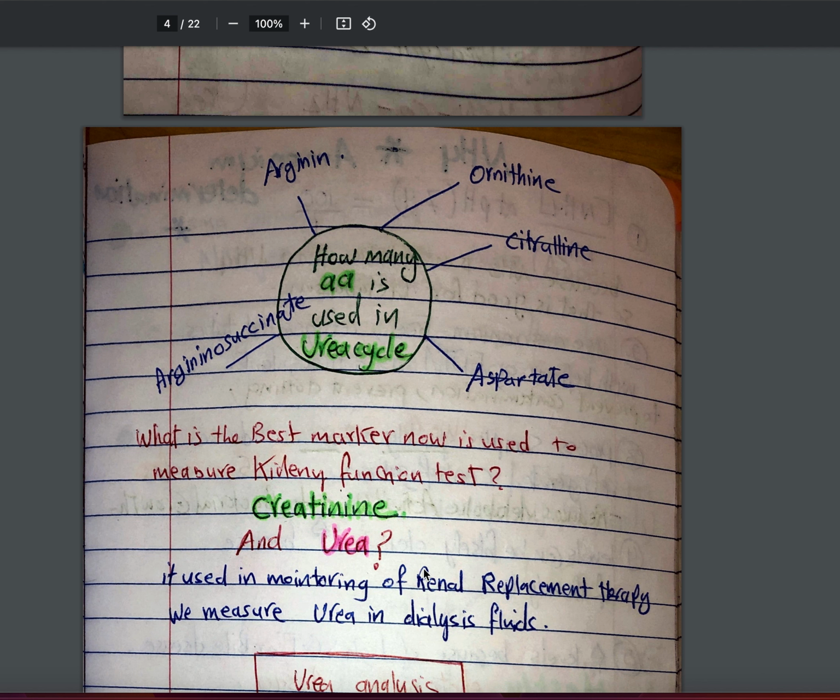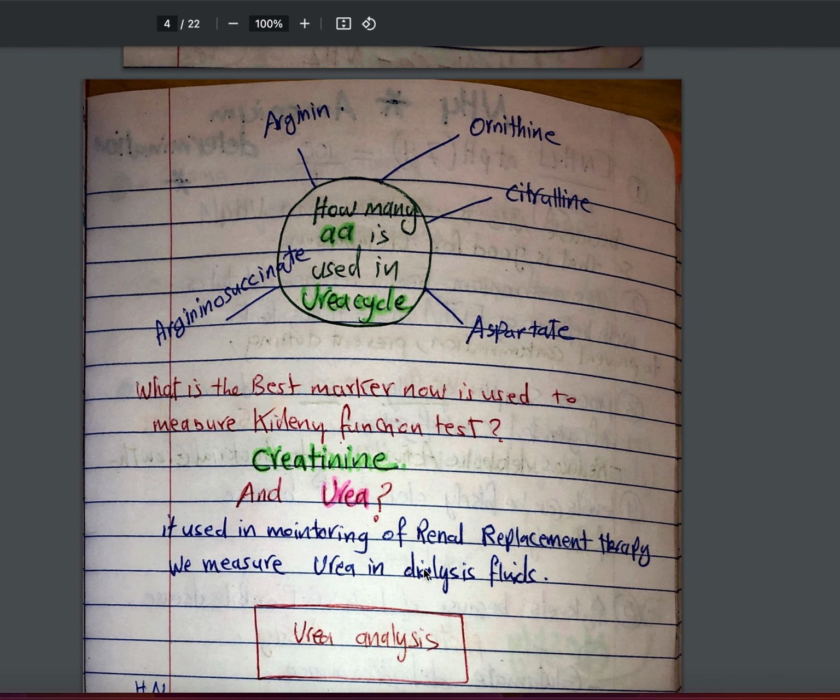What is the best marker used to measure kidney function? Creatinine. Creatinine is the waste product of the kidney and is the best indicator of how good the function of the kidney is. So we can't measure it by the urea.